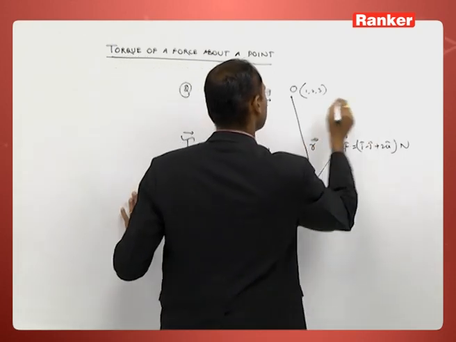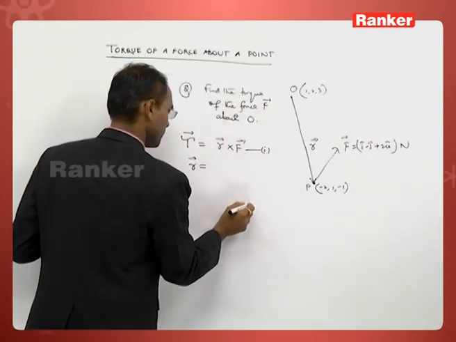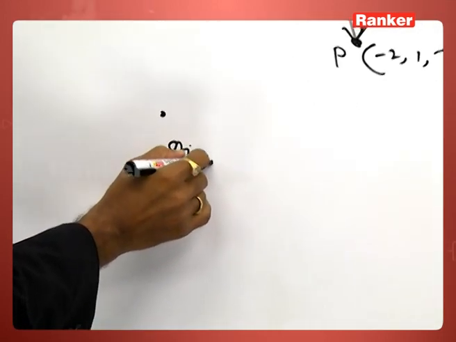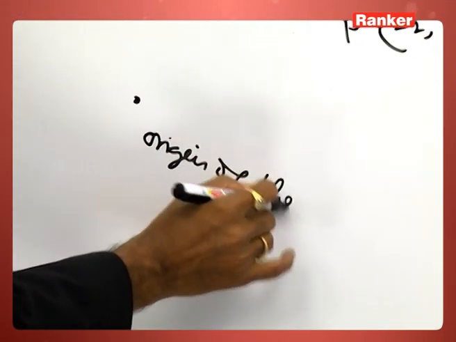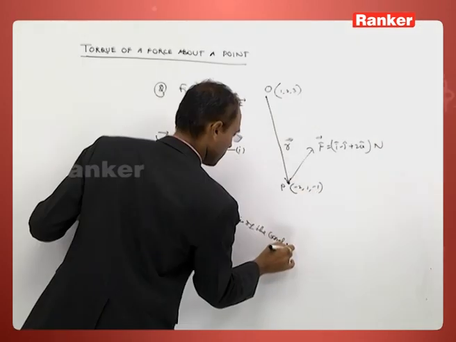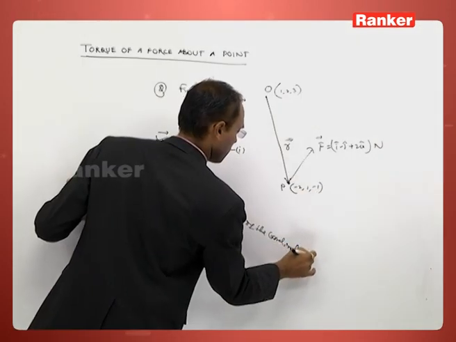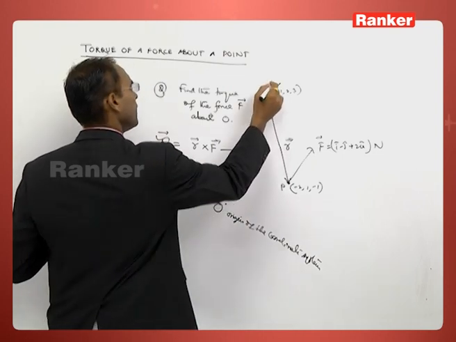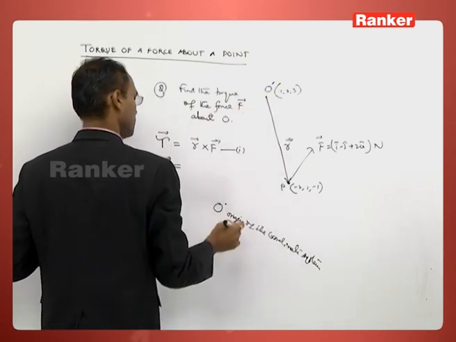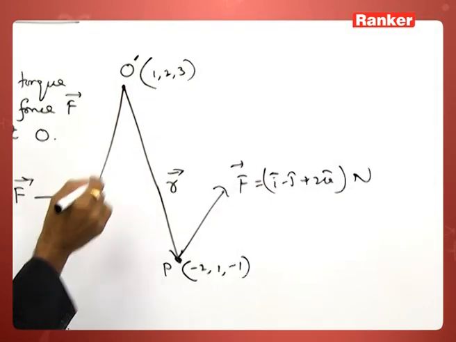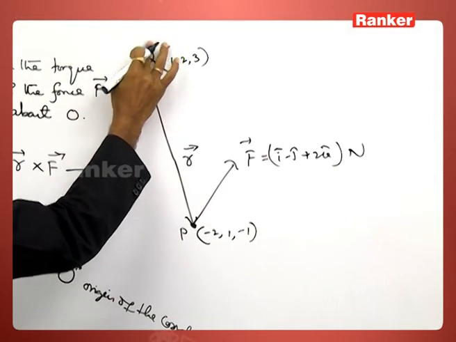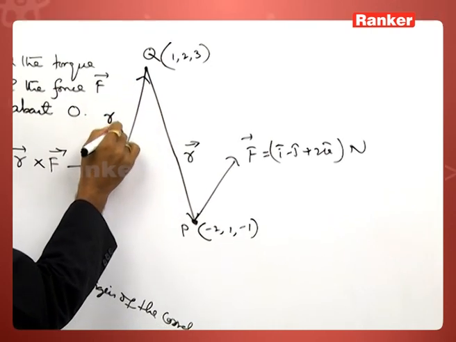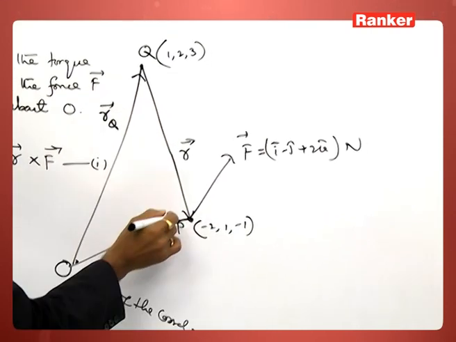If you take the origin of the coordinate system as O, let the reference point be O dash, or you can write Q instead of O dash. This is RQ and this is RP.